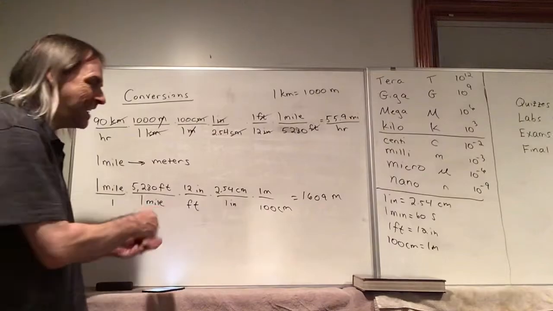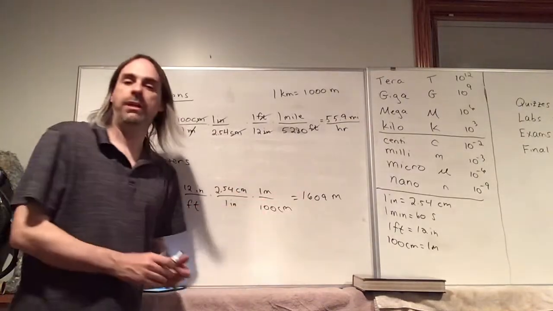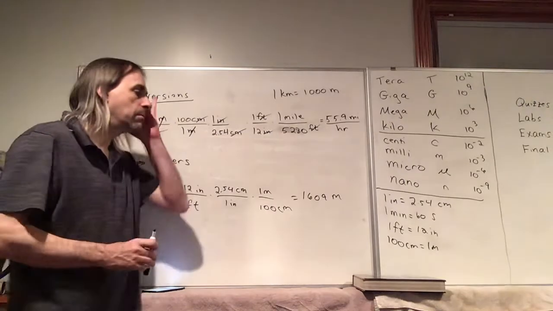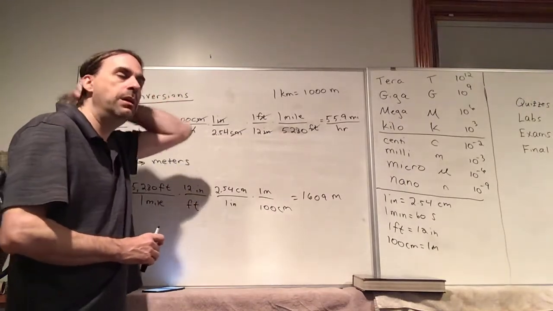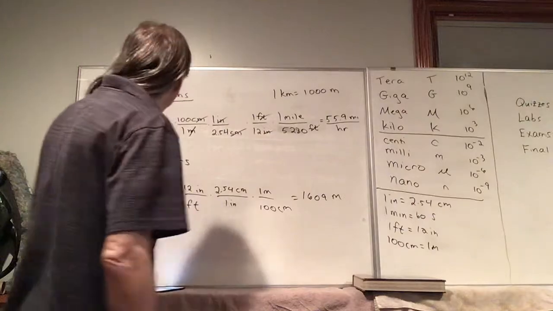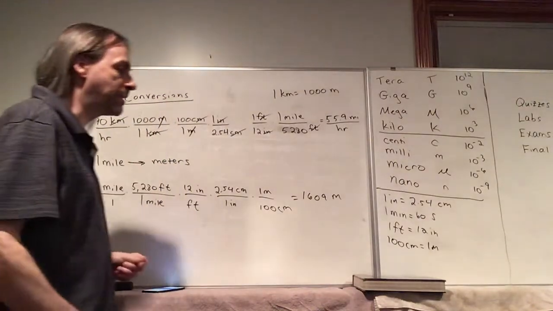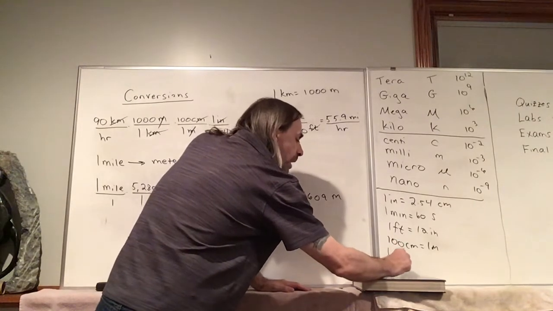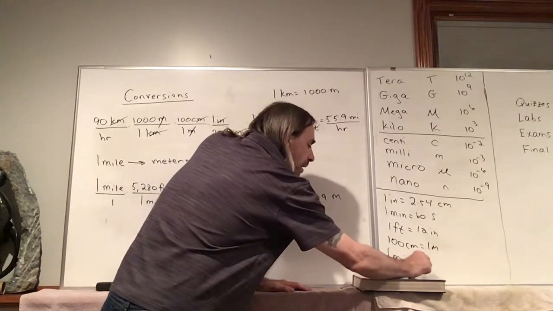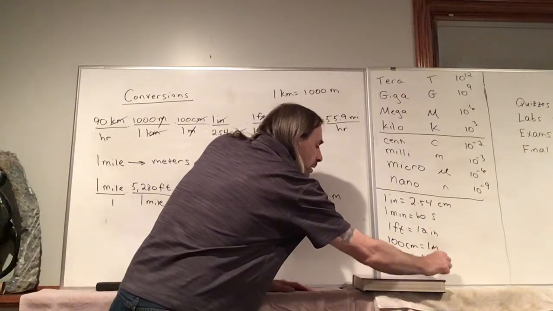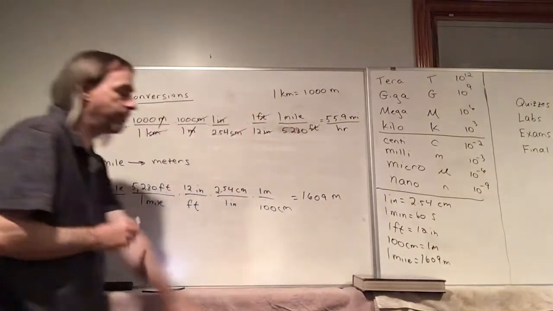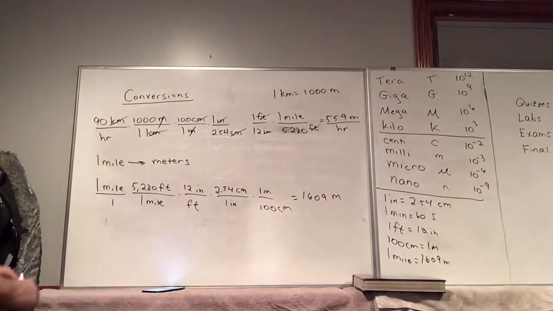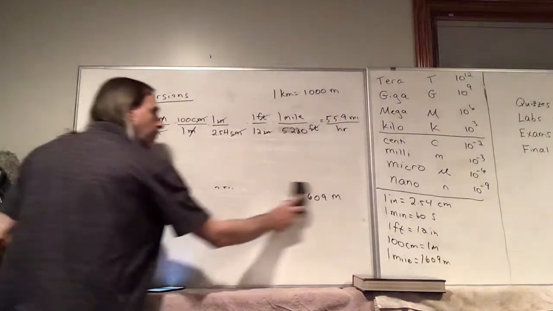And this kind of calculation going between miles and meters comes up fairly often because we have to use both the English and the metric system. So we can do this calculation once and write this down somewhere, like on your equation sheet, which this should be on there. 1 mile is 1,609 meters.